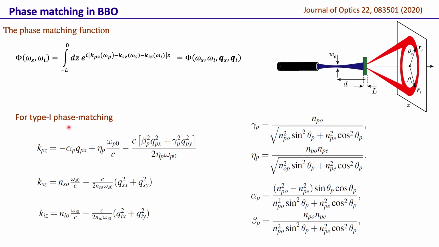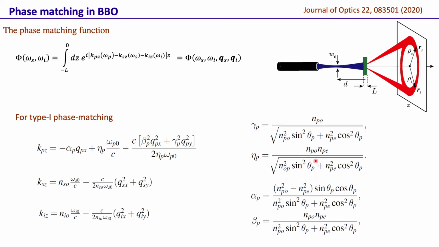So for type 1 phase matching, we know that the pump is extraordinary and the signal and idler are ordinarily polarized, and all these factors will have to be taken into account in order to calculate this kpz, ksz and kiz. One quantity that I want to point out here is this theta p.